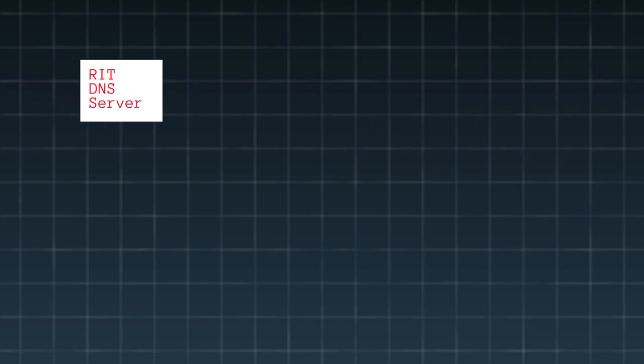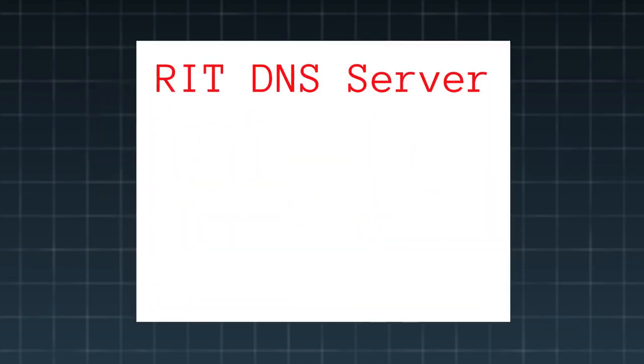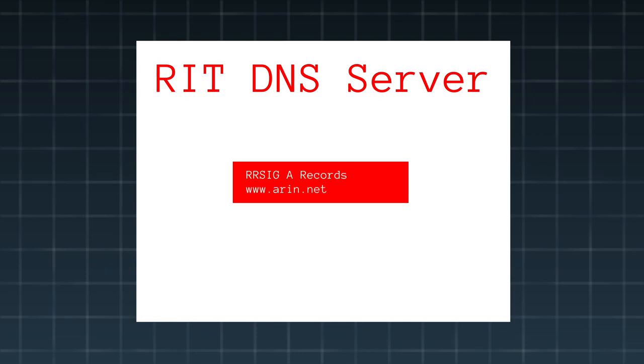Now, it's time for the RIT DNS server to verify the A records for www.aaron.net. The RIT DNS server takes the RRSIG for the A record group, which is a hash of all the A records, encrypted with the private key of aaron.net.